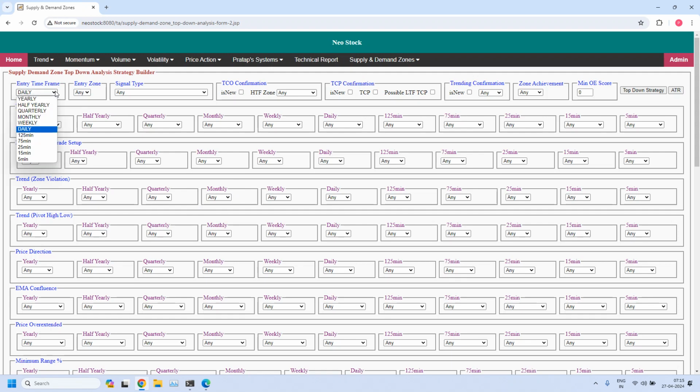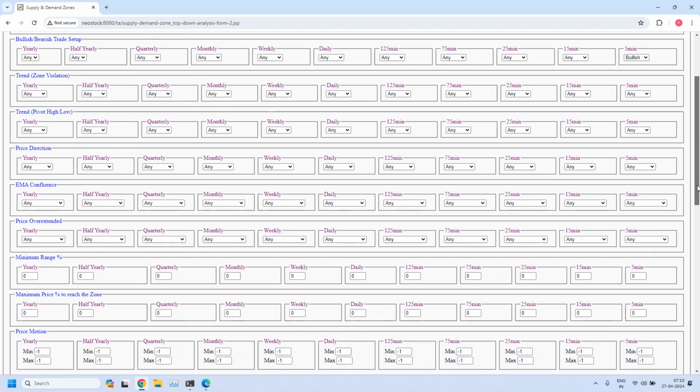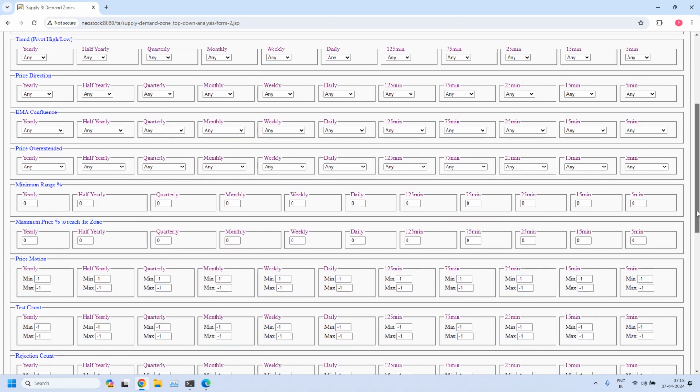For hourly income trade, the entry time frame is 5 minutes. For a bullish trade setup, the entry zone is a demand zone. In the bullish or bearish trade setup parameter, in the 5 minutes time frame, I am selecting bullish. And we are going to set 3 filters. The first filter: we don't want pierced zones.